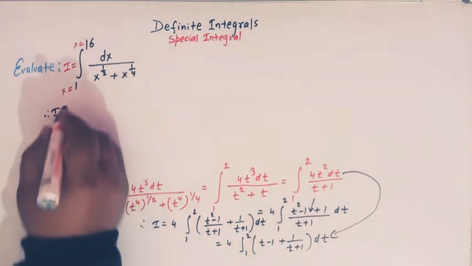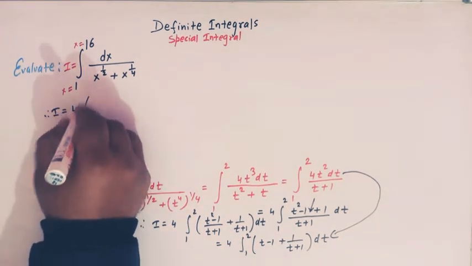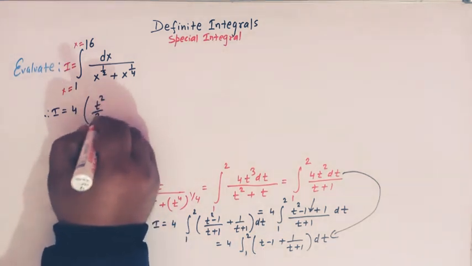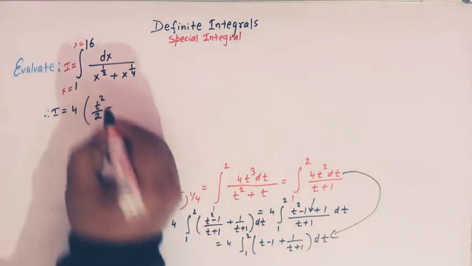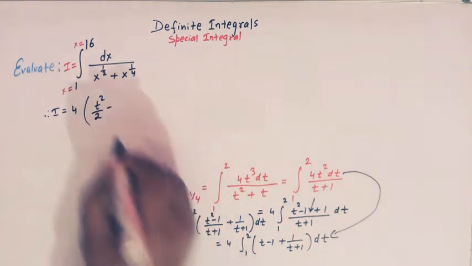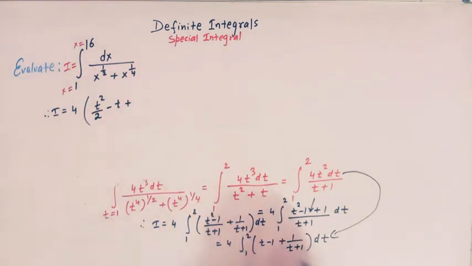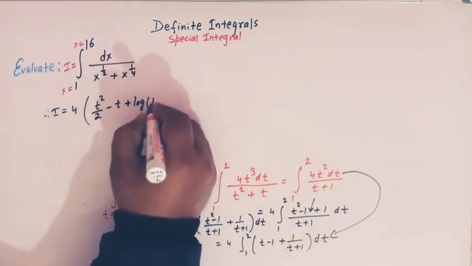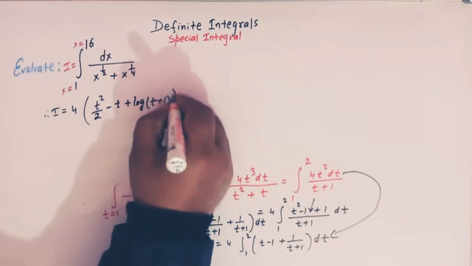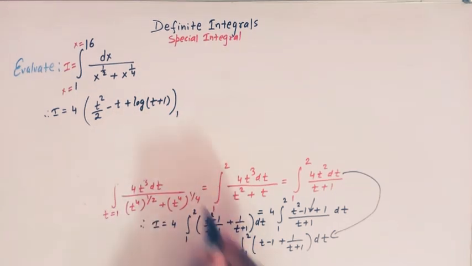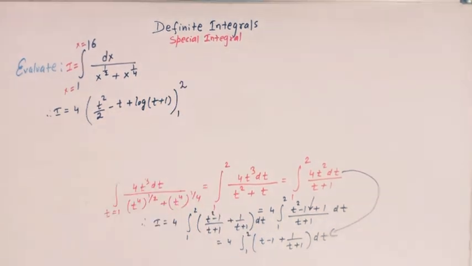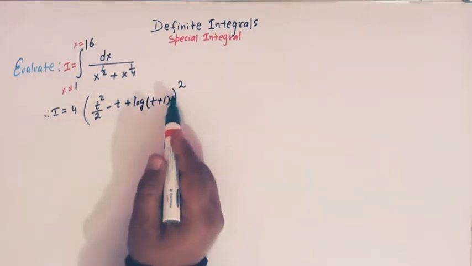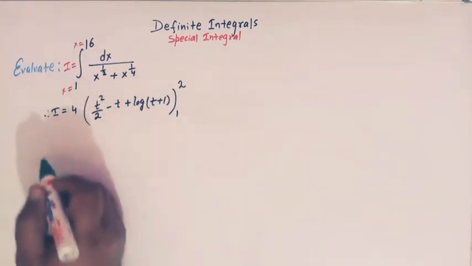Now we have 4, and the integral of t is t square over 2, the integral of 1 dt is simply t, and the integral of 1 over t plus 1 is log of t plus 1, with the limits of integration from 1 to 2. Now we simply substitute the limits.